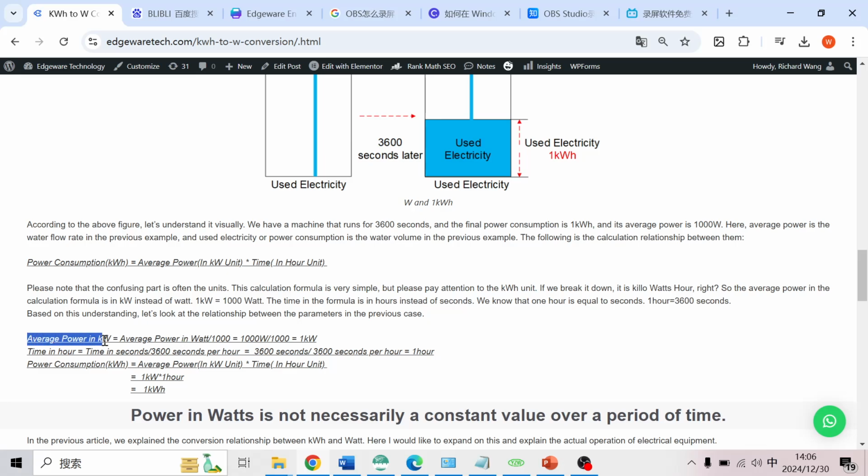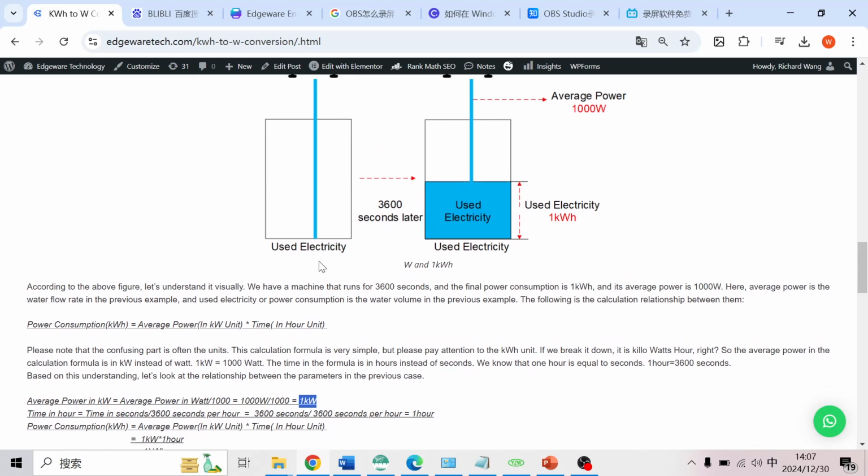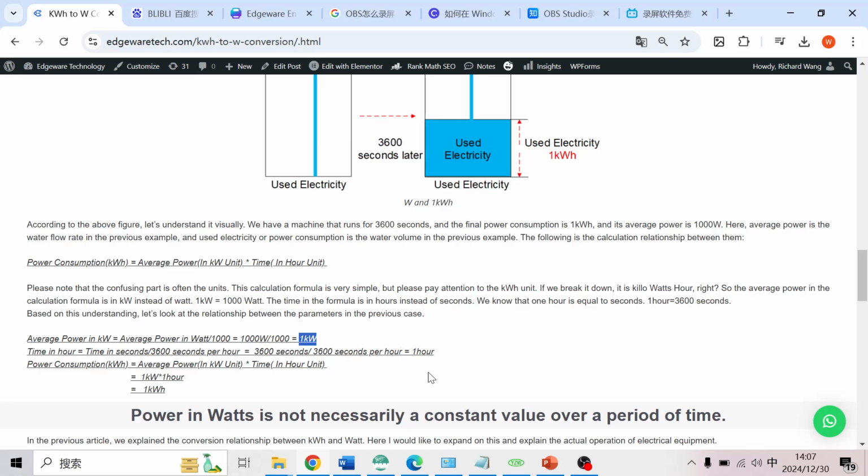Average power in kilowatts is average power in watts divided by 1,000. So 1,000 watts divided by 1,000 is 1 kilowatt. And remember the time is 1 hour. We already know this is 1 hour. But pay attention, if it's 10 seconds or something, you need to change it into hours.